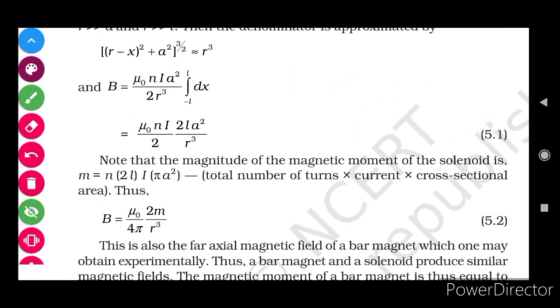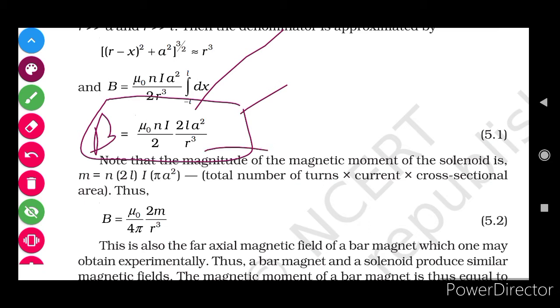This is the expression we get for an axial point far away from the solenoid: mu naught n I over 2 times 2L a square by r cube, where L is the length of the solenoid, a is the radius of the solenoid, and r is the distance from the solenoid to the point where we have to find the magnetic field.